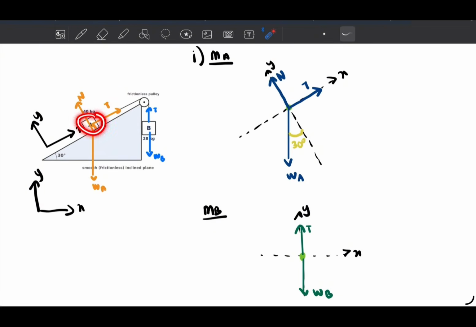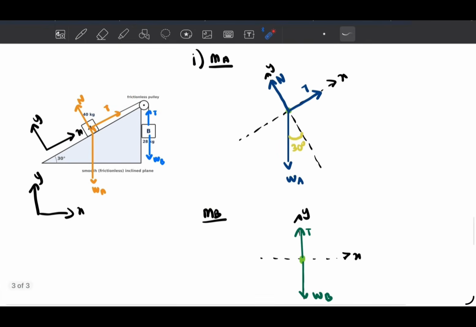Since object A is along the inclined plane, we know that object A can only move up the inclined plane or down the inclined plane. Whereas object B could go up or down. If object B goes down, object A is going to go up the inclined plane. And if object A goes down the inclined plane, object B will go up.